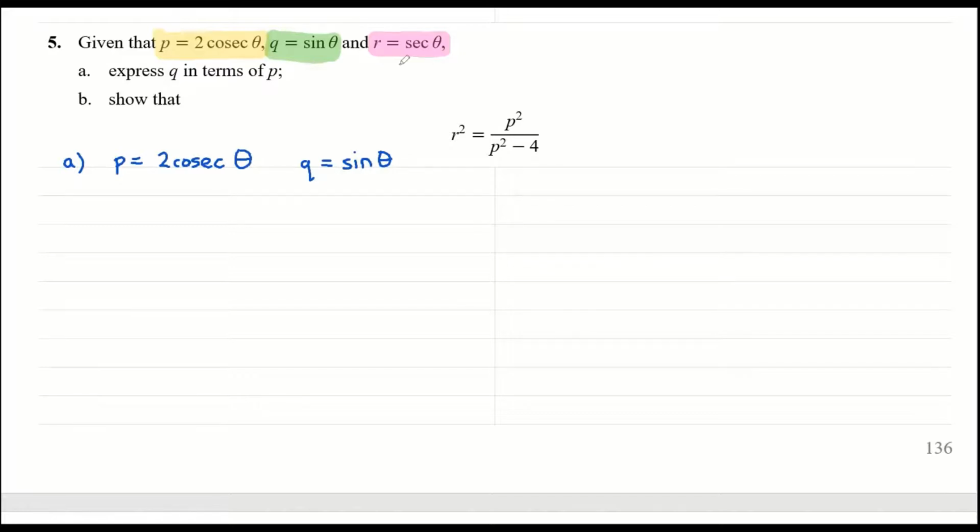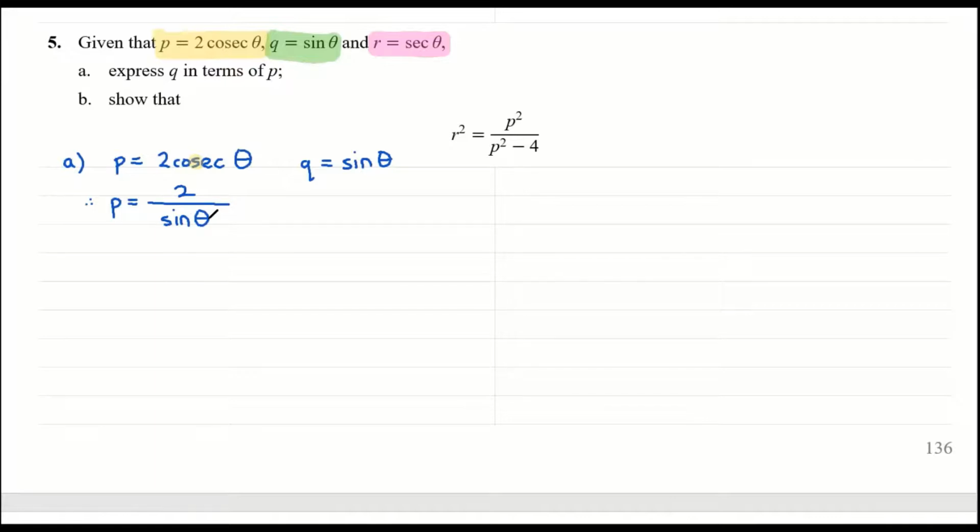If we use that 3-letter rule again, cosec is, of course, 1 over sine. So that means I can rewrite P as follows. So therefore, P is just going to be equal to 2 over sine theta, okay, from some information we already had.